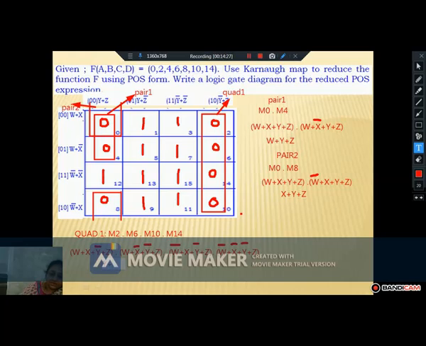So Y bar plus Z. Here Z is there, Z, Z and Z. So Y bar plus Z is the common term from quad 1.